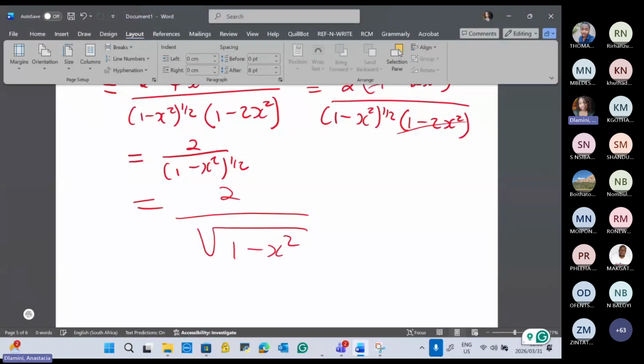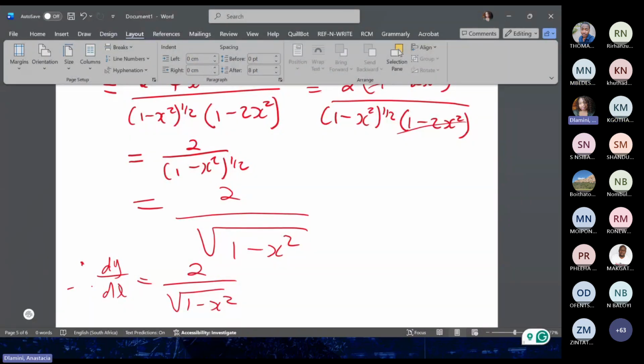Do you see that? Therefore, dy over dx equals 2 over the root of (1 minus x squared). Are we all together, yes or no? Yes, ma'am. We're together, ma'am. Thank you.